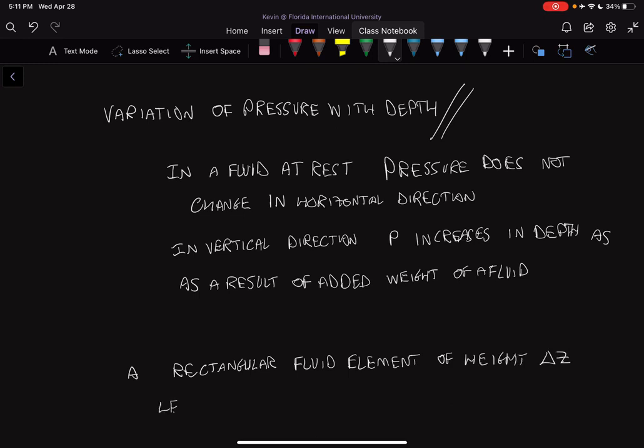It's going to have a length delta x and unit depth. Now, what I mean by unit depth is that essentially delta y, which would be into the paper or into the screen in this case, would be equal to 1. Okay, it has a depth of 1, so the depth doesn't really affect anything.